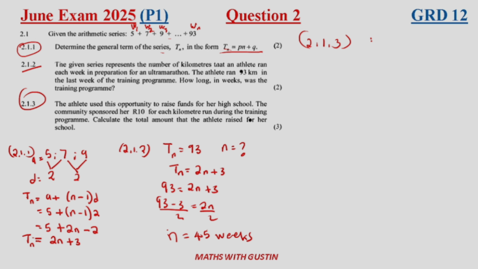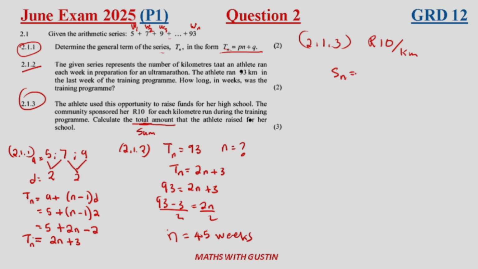So for each kilometer they are giving her 10 rands. Calculate the total amount the athlete raised for a school. Here's the key word: total. Total basically means sum. So they're asking us for the sum of what this person ran during the training program.